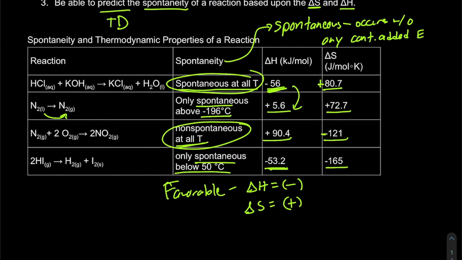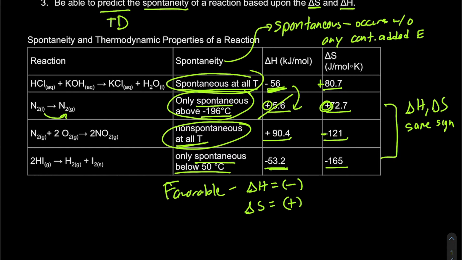So for example, we have a positive delta H and a positive delta S. Well, that positive delta H is not favorable for spontaneity. But we do have a positive delta S, which is favorable for spontaneity. And so we notice there is some temperature dependence. If we look at this here, when our delta H and our delta S are the same sign, so either both increasing or both decreasing, we notice that there is some temperature dependence of the spontaneity of this reaction.